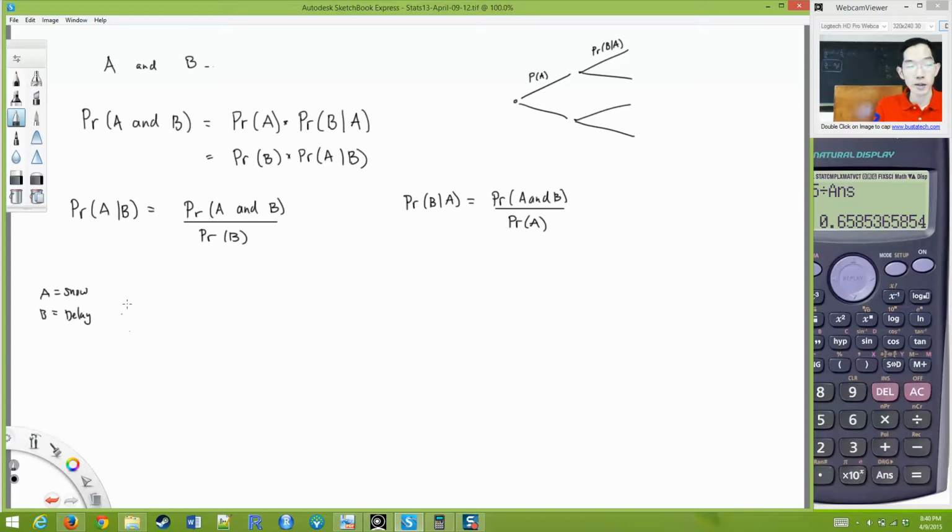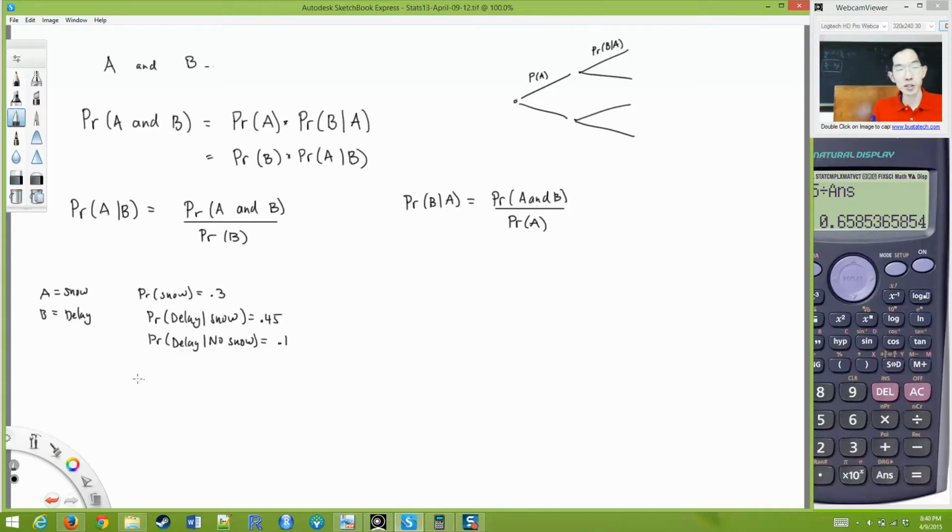The pieces of information that we had was we knew that probability of snow was equal to 0.3, the probability of delay given snow was 0.45, and the probability of delay given no snow is equal to 0.1.